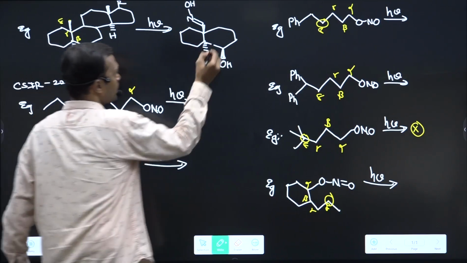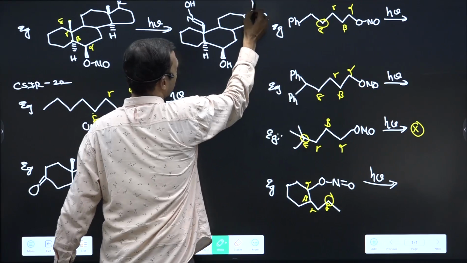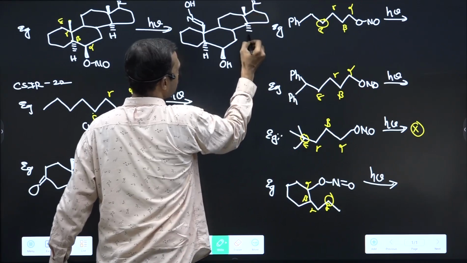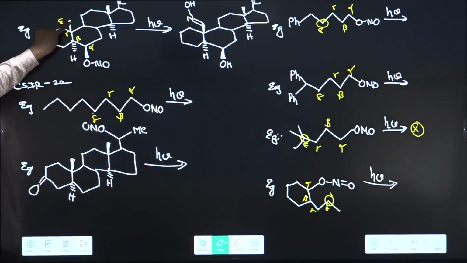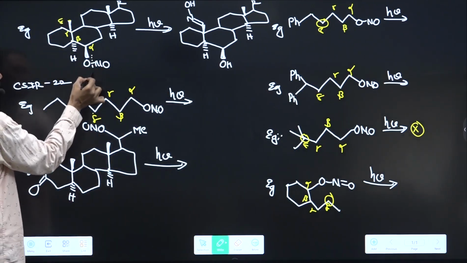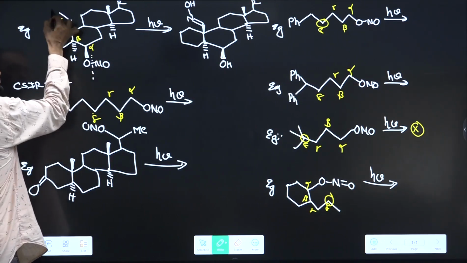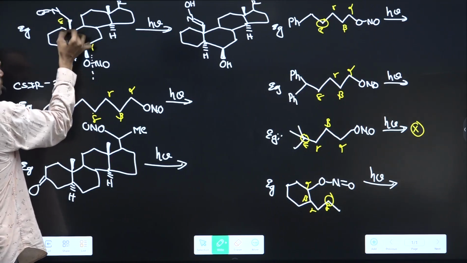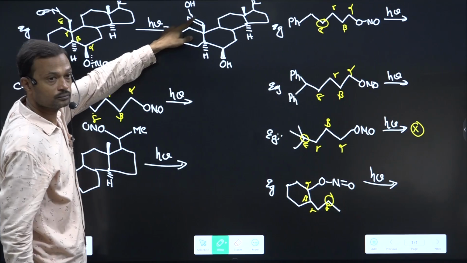Okay, and this part will be as usual, unaffected, 5-membered, thick line, and this is dotted line. Clear? The fourth carbon hydrogen transfers here and this NO adds here. When you add this NO, initially you get N double bond O. Here how many hydrogens are there? 2. So one of the hydrogens is involved in tautomerism, and you will get this oxime.